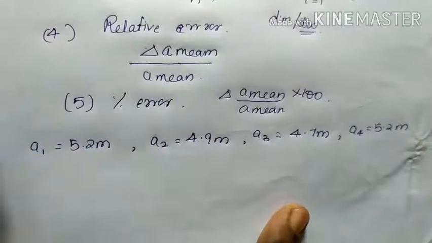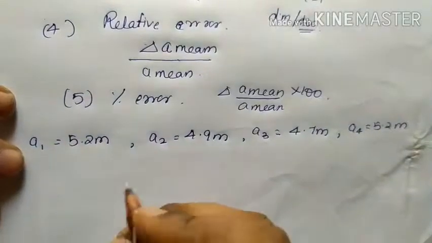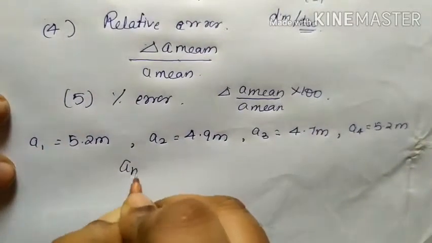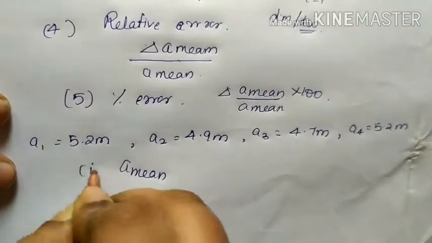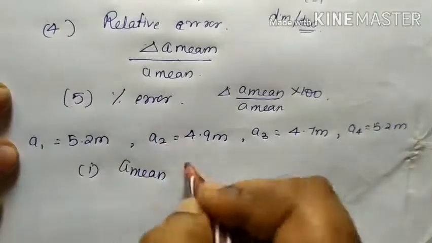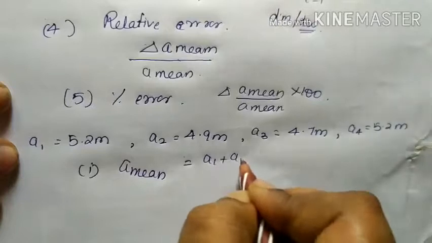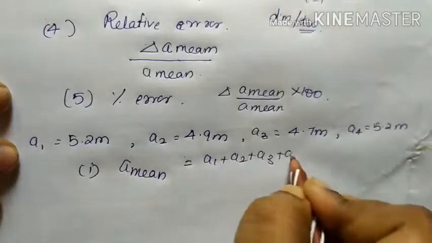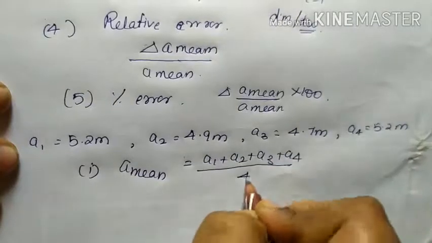When you take 5 readings or 4 readings, to find the correct value you find the A mean. That is the first term. What should I do? I add all these terms, A1, A2, A3 plus A4, whole divided by the number of terms, which is 4.